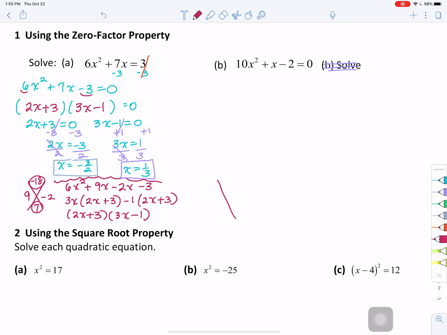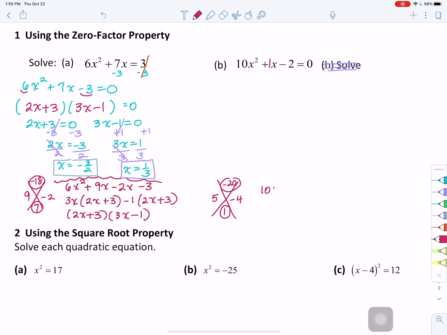So I'm going to multiply A times C, and that's a negative 20. And then 1 is here, that's 1. Our two factors that we will use will be a 5 and a negative 4. 5 minus 4 is 1. 5 multiplied by negative 4 is a negative 20.